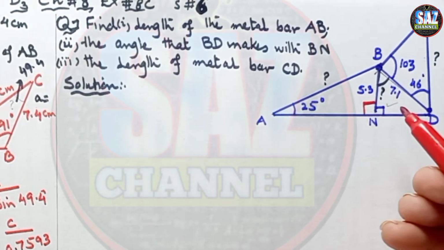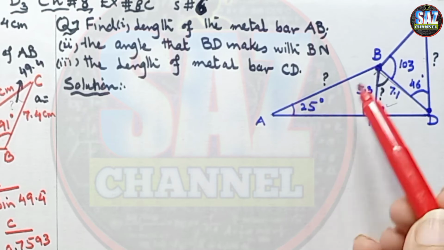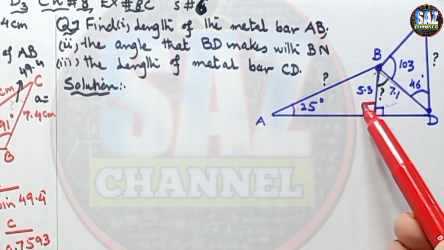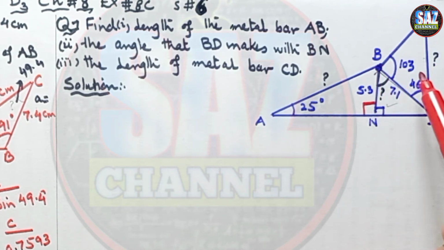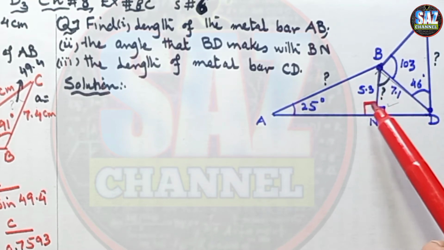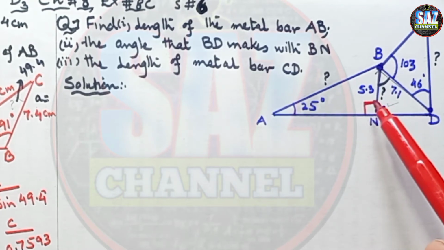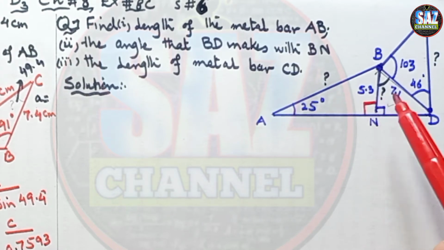You can see that the question is consisting of multiple diagrams in which triangle BAN is a right angle triangle, triangle BND is right angle triangle, and triangle CBD is an oblique triangle. So in order to find unknown in different parts of this question and diagram, we have to prefer to use appropriate techniques and formulas. This is also really important. So let's move to the solution of the question.